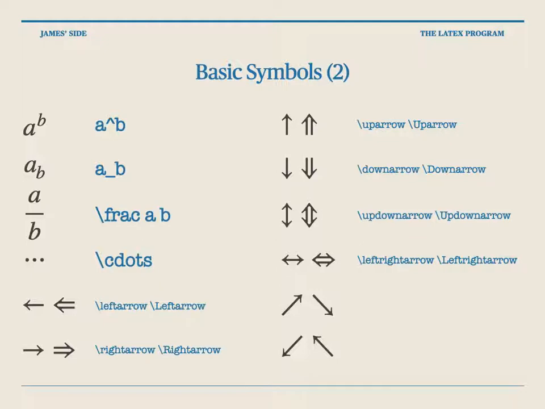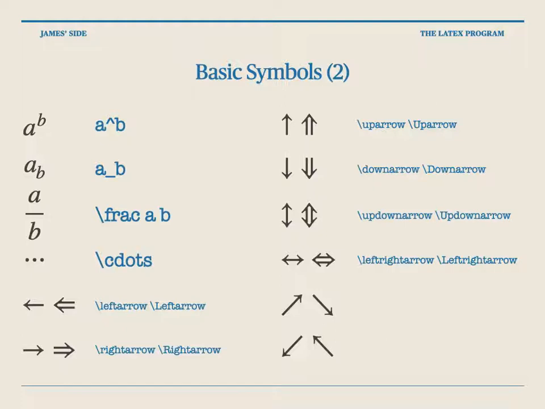And it's simple to see that if you capitalize the letter, it will become the double lined arrows, but if you have the lowercase, it will be single line. And for the arrow pointing up right, you could see it as the northeast direction, so you have an nearrow.